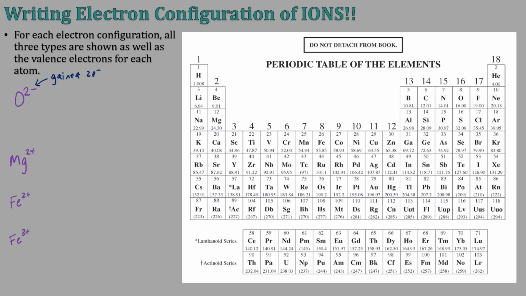So I'm going to look at oxygen first, which would be 1s2, 2s2, 2p4. And if it gains 2 electrons, it's going to look like neon. The electrons are going to be added to its outermost orbital, and so it just fills up that second energy level, the S and the P.